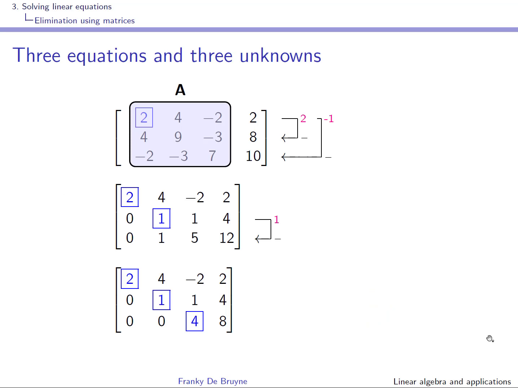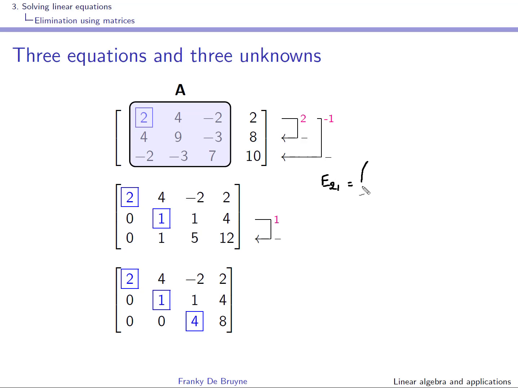Well, let's construct the elimination matrices for our example that we had previously. The first thing that we do is create a 0 over here, and the underlying elimination matrix we'll call E21.